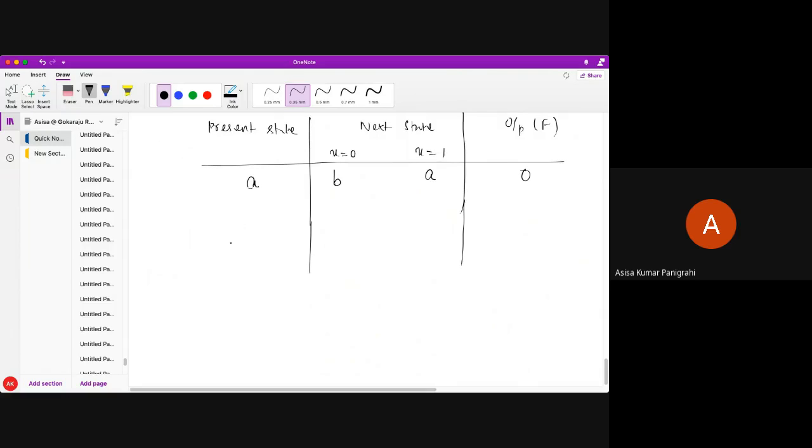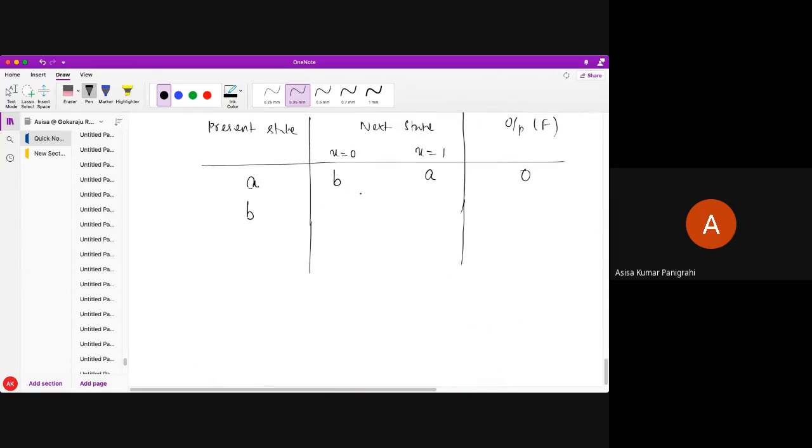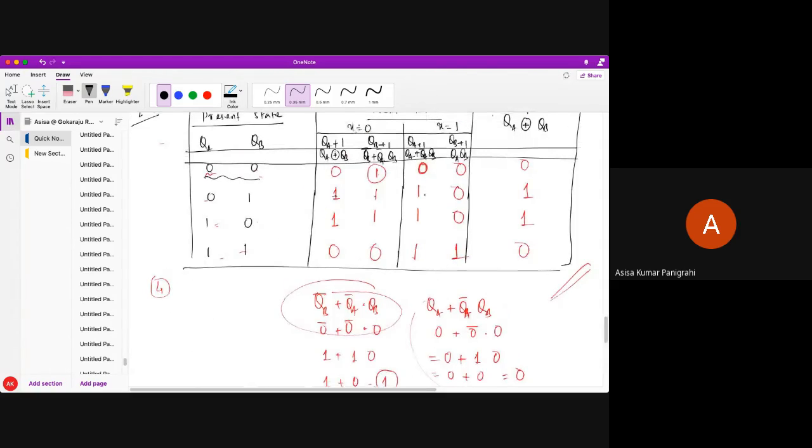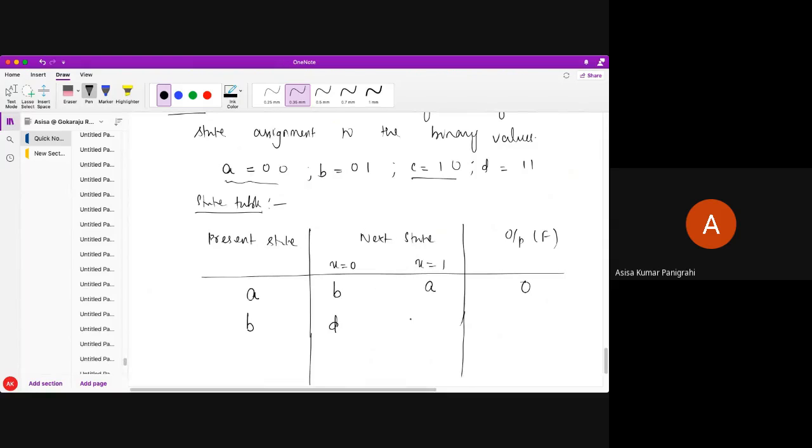Very simple. Now present state is B. For x equal to 0, next state is 1 1, which means D. For x equal to 1, it is 1 0, which means C. And output is 1.